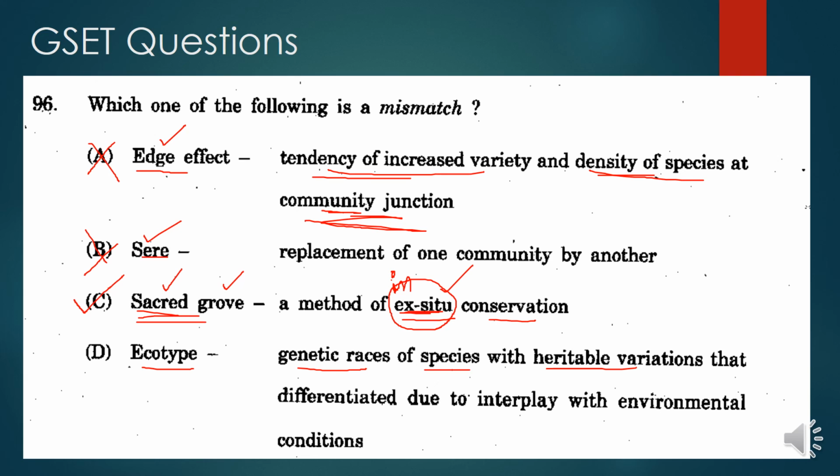And these heritable variations that we see in a species, that is ecotype, depend upon the environmental condition. So this is also a right definition of ecotype. So D will also not be the option. So the only mismatch here is option C. Sacred grove is an in situ conservation, that is on-site conservation.